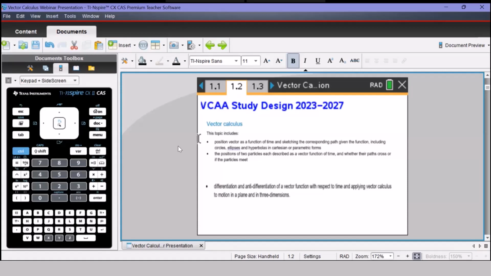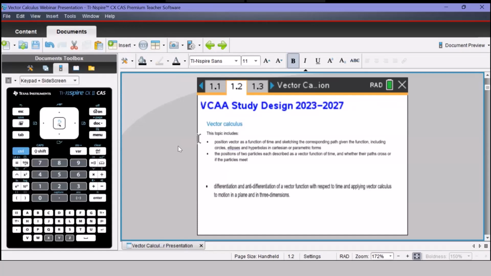Topic also includes the position of 2 particles, each described as a vector function of time, and to study whether their paths cross or if the particles actually meet or collide. The third dot point is really the calculus part, differentiation and anti-differentiation of a vector function with respect to time, and applying vector calculus to motion in a plane, which is 2 dimensions.